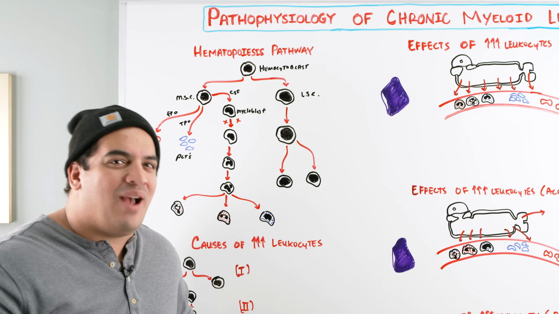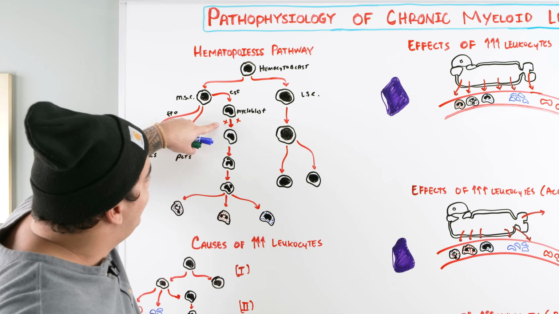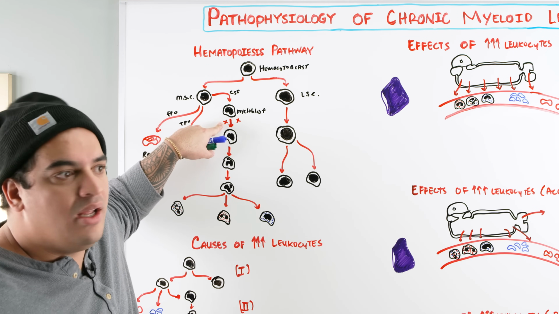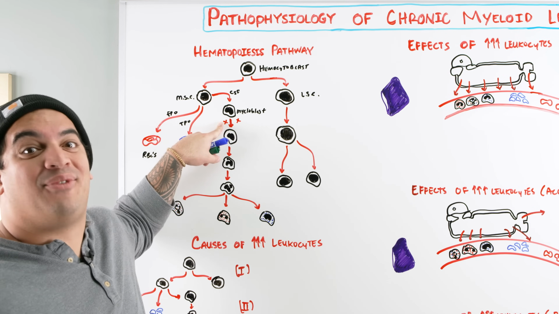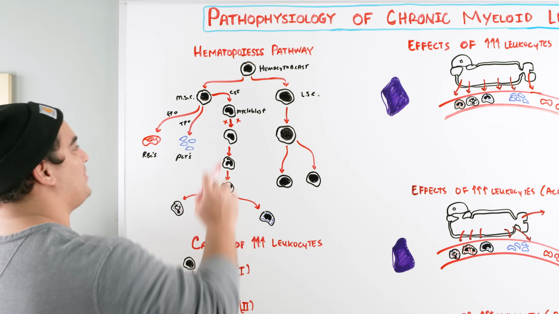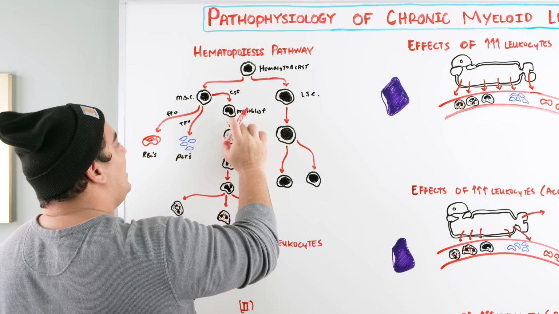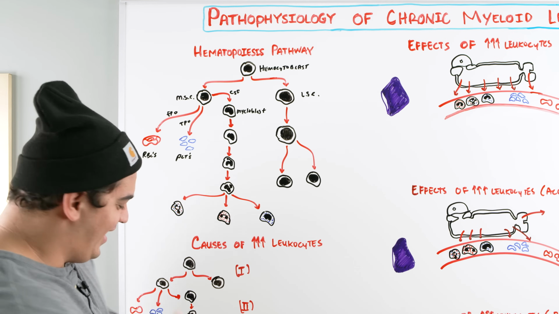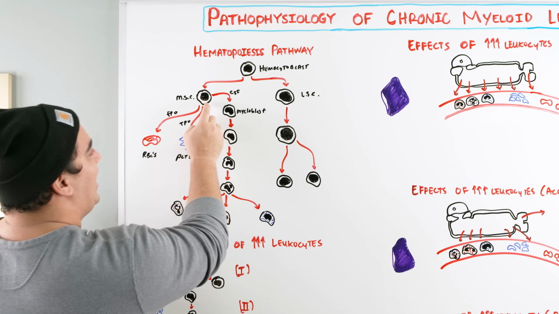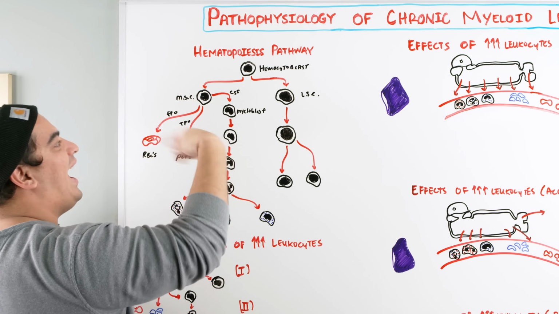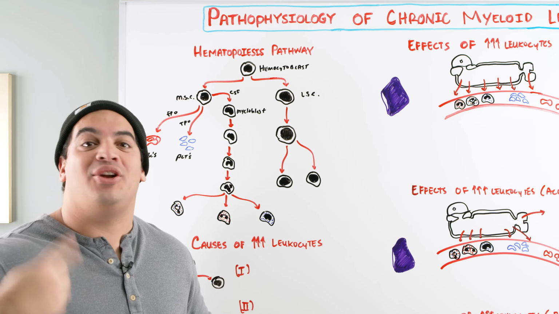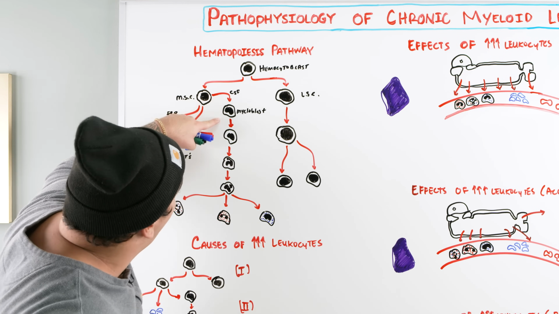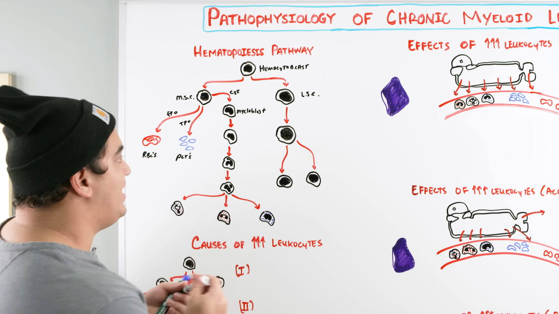Now, in patients who have CML, the disease process doesn't occur as high up, where it gets stuck being able to replicate but not differentiate. And this is where it's really interesting. It's not here, as in the AML process. What's really weird in this process is that the myeloid stem cell goes haywire, and it literally replicates like bunnies. And it produces a ton of myeloblasts, a ton of the next downstream cells.